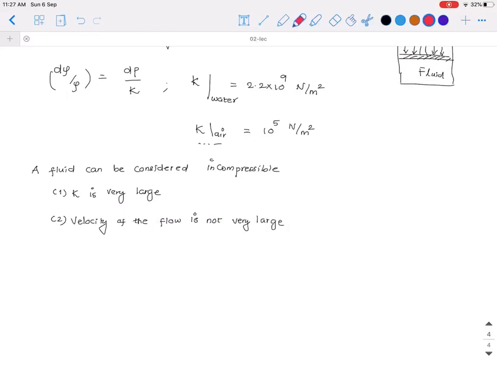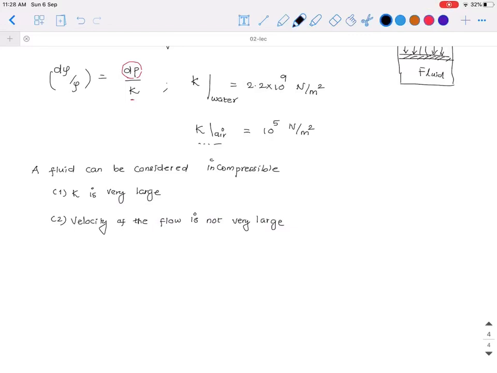If K is very large, the density difference produced is very small, or if dP, the pressure difference produced, is very small, then also the density change is not very significant.